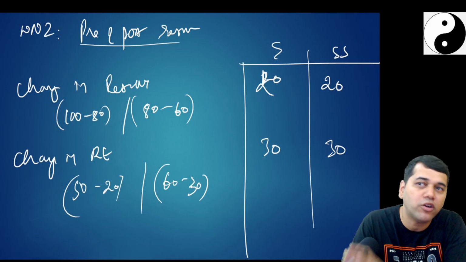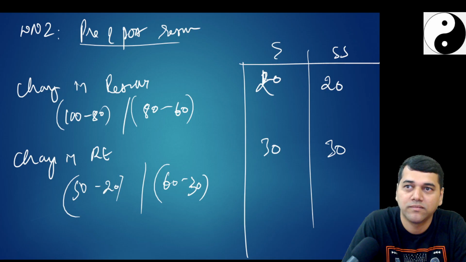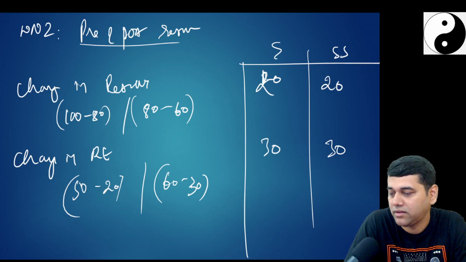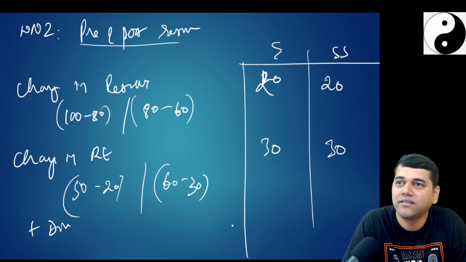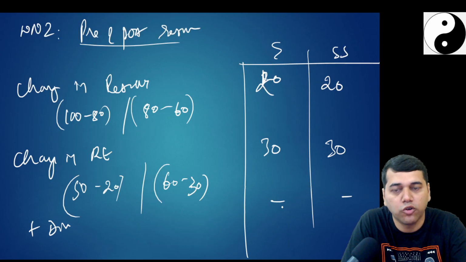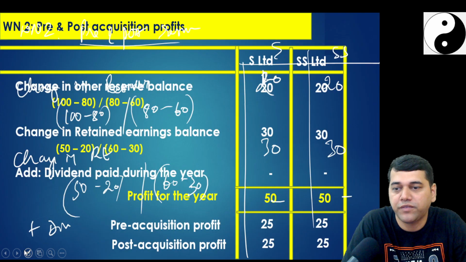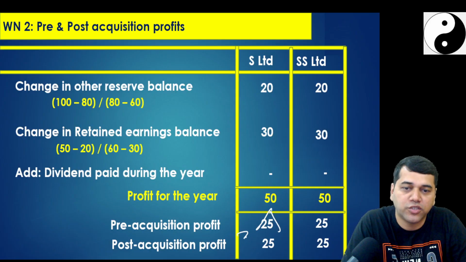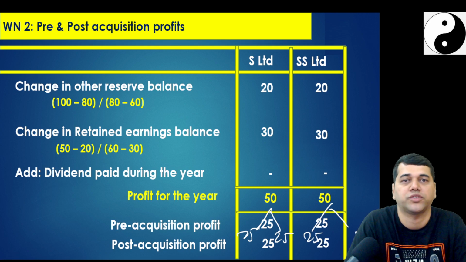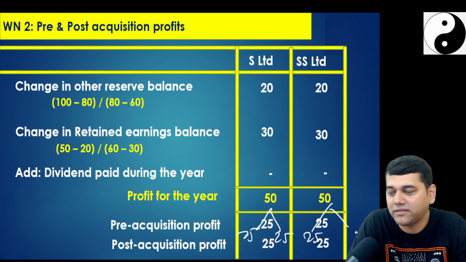That's why they have not given that. So if it was there, add dividend. Not there. So how much is my total profit during the year? 50-50. Out of this, you distribute like this: 25 pre, 25 post, 25 pre, 25 post. Nice numbers, no?